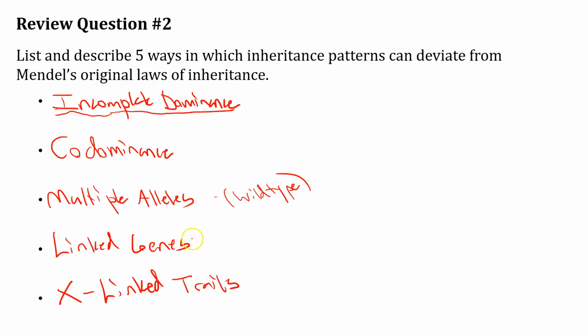And then second to lastly, linked genes. This is where we have 2 traits that are on the same chromosome, and because they're on the same chromosome, when meiosis occurs and the individual is making gametes, the two genes are passed down to the offspring together. So let's say, for example, hair color and eye color on the same chromosome.